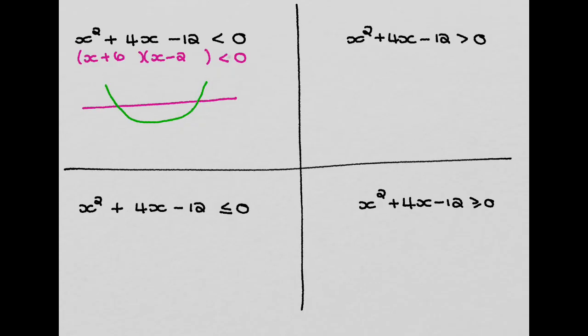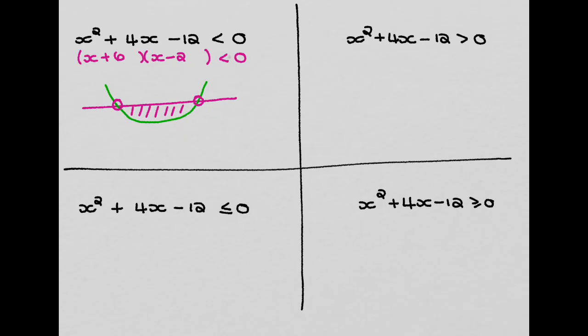The less than symbol over here is telling me that I am shading below the line. So I'm looking at this area of the quadratic. The less than symbol without that little extra line means that I'm having a number line that's got open dots on it. And then the last thing I've got to do is figure out what are the values I'm working with.